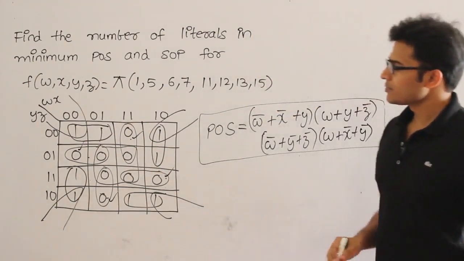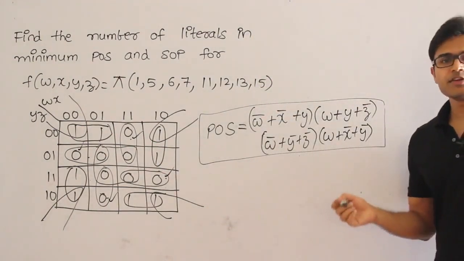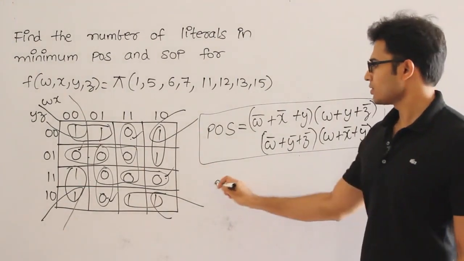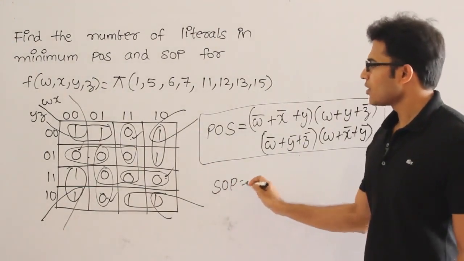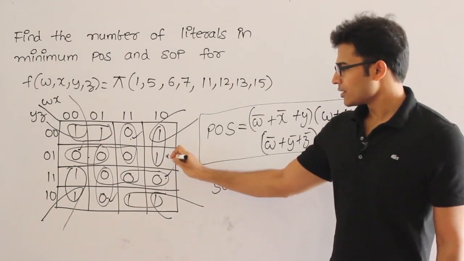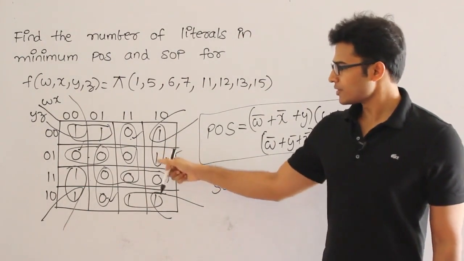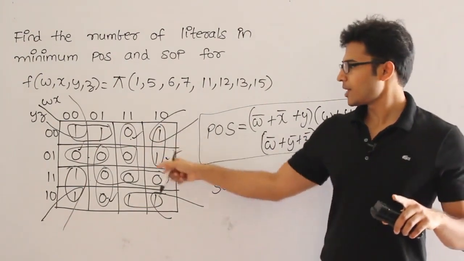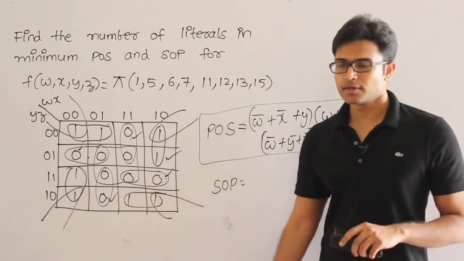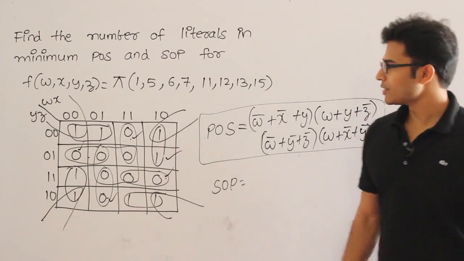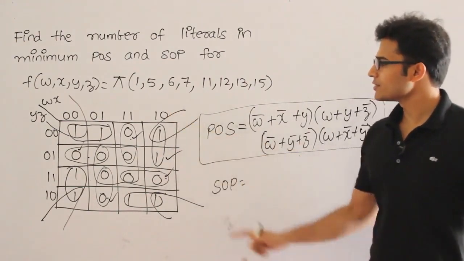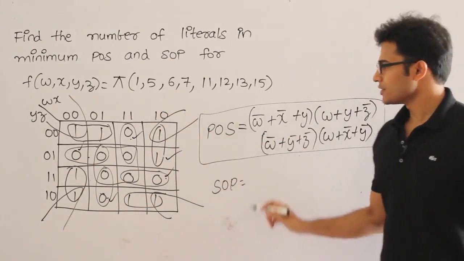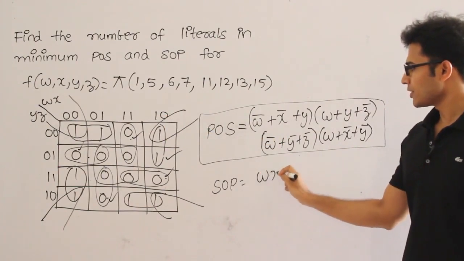Now with all these prime implicants, you have to first pick the essential prime implicants. Now I want the sum of products expression. What is the essential prime implicant in this? It is sure that this is essential, because this min term is covered by only one prime implicant. Therefore it is an essential prime implicant. So if I write this, w and x are not changing, therefore w x prime.